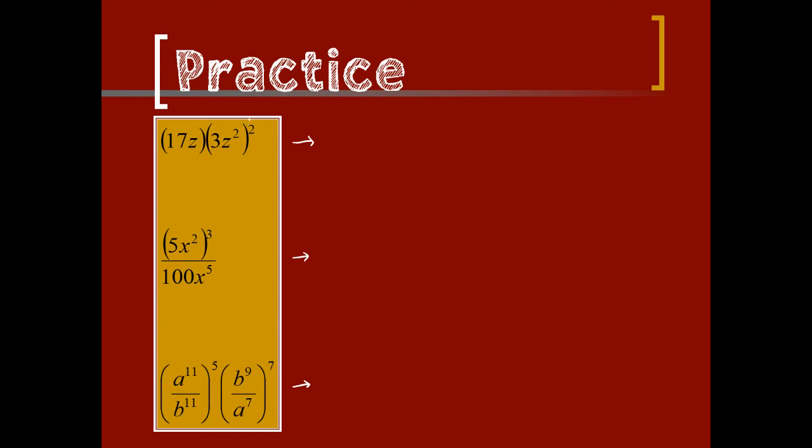And so by order of operations, the first thing I need to do is distribute this squared. So I'm going to go step by step. 17z times 3 squared, z to the power to a power, this is going to be a 4. So I've got 17z times 9z to the 4th. So I'm able to multiply numbers how I already know how to multiply numbers.